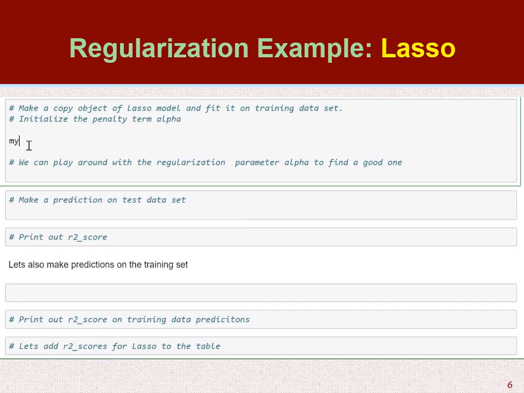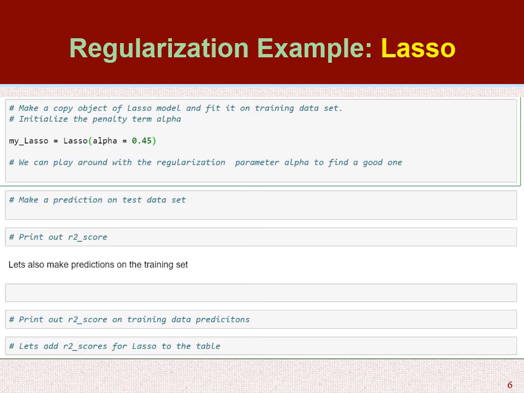I'm going to call it my lasso, and that's equal to Lasso. In parentheses, we can specify the parameters, especially the penalty term alpha. I'm going to go with alpha equal to the same one we used for the ridge, 45%.